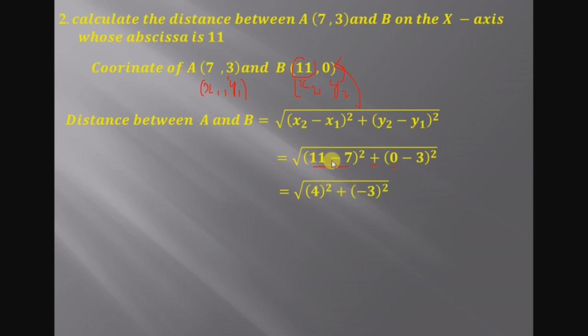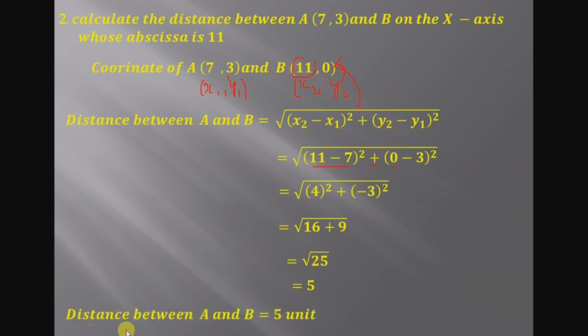Square root of (11 minus 7 is 4) whole square, plus (0 minus 3 is -3) whole square. I will get square root of 4 fours are 16, minus into minus is plus, plus into plus is plus, 3 threes are 9. So when I add up, I'll get square root of 25. Square root of 25 means 5. The distance between A and B is equal to 5 units.